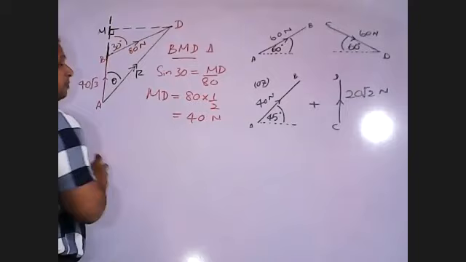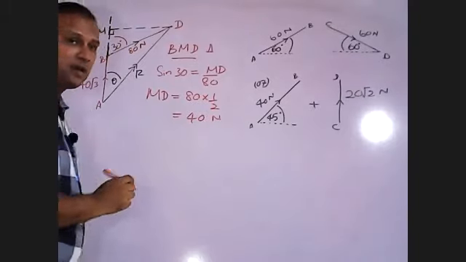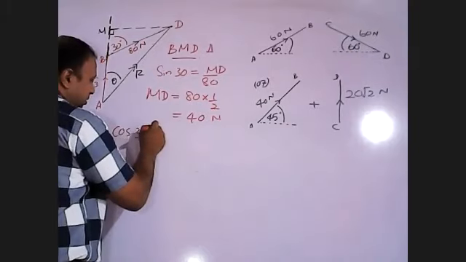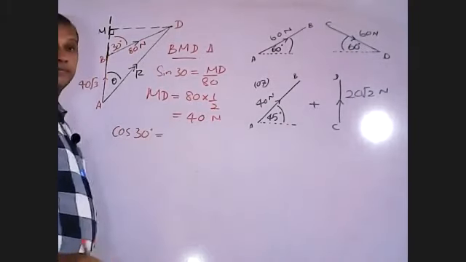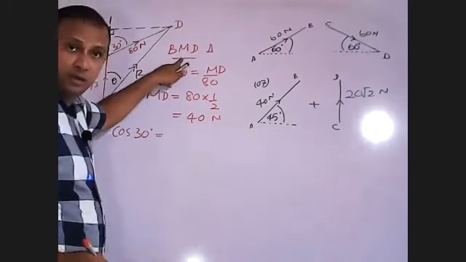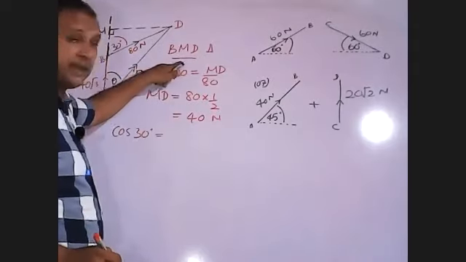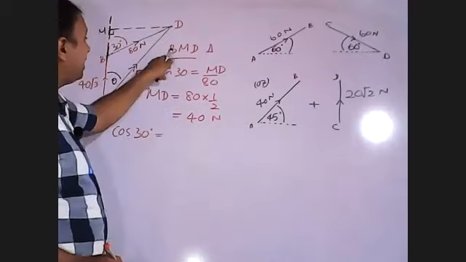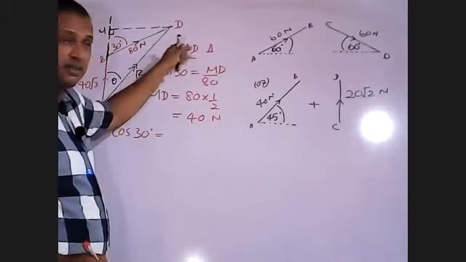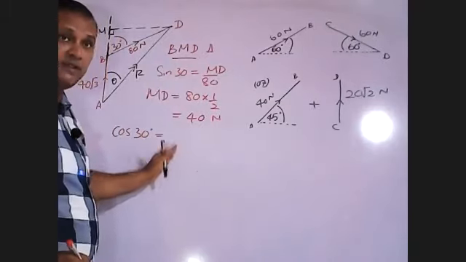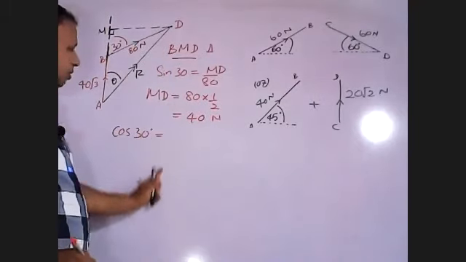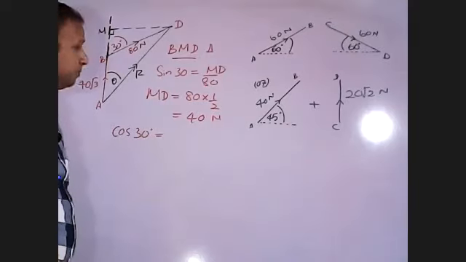So how to find BM? You have to use cos 30. Still you are using this triangle. That's why you have to write this under this triangle. Then everyone knows you are using this triangle to derive these values.